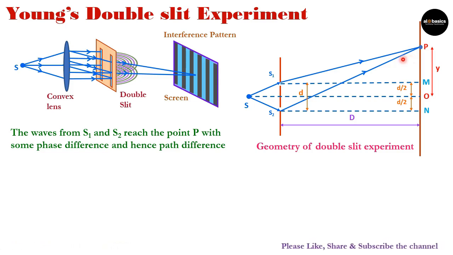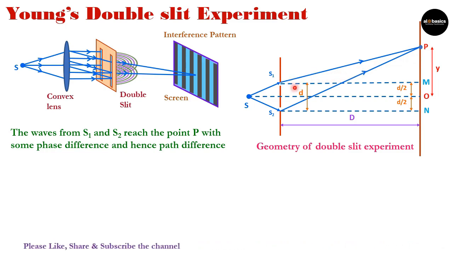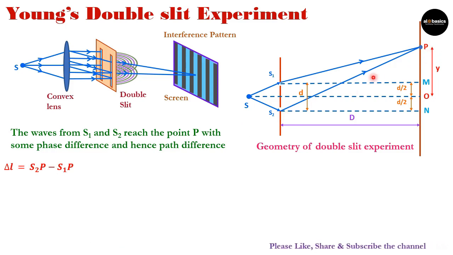In this picture you can see that the distance traveled by the wave from S1 and S2 is not the same, so there is a difference between these two distances, which we call the path difference. This path difference is given by delta L equal to S2P minus S1P. S2P is this distance and S1P is this distance.